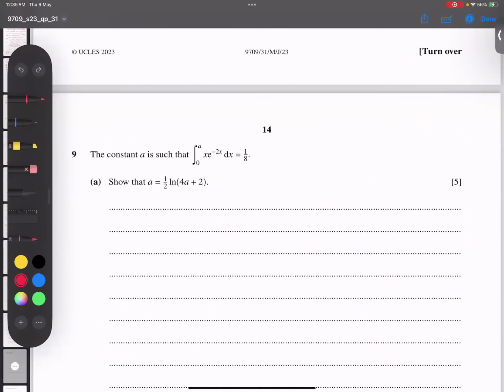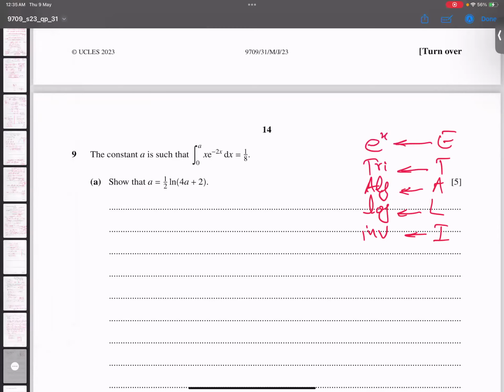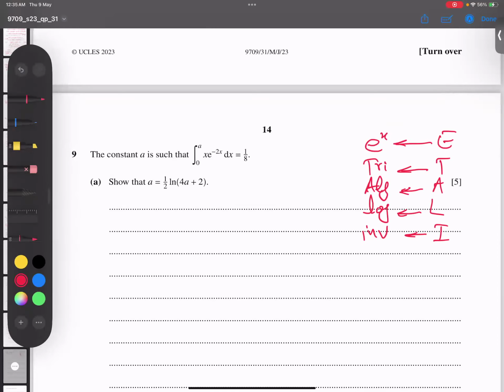Students, look carefully. We use LATE, or ILATE: I stands for inverse function, L for logarithm, A for algebra, T for trigonometry, E for exponential. From top to bottom, top is V, down is U. So exponential is on the top and algebra is this one.